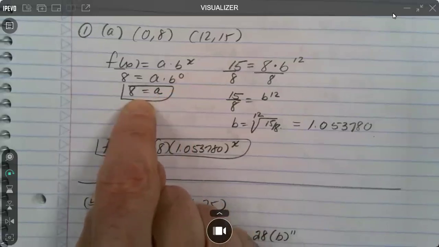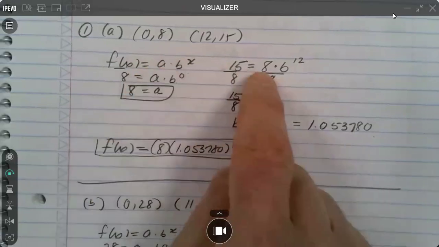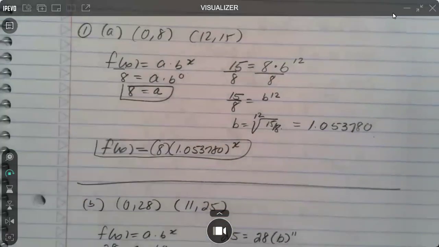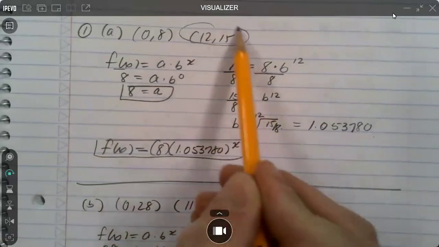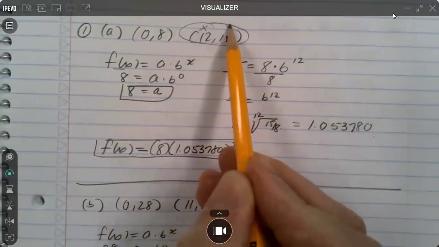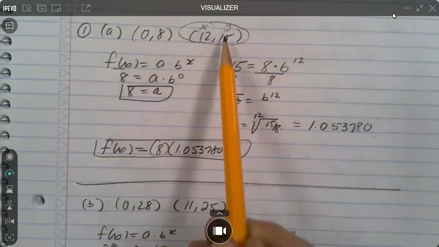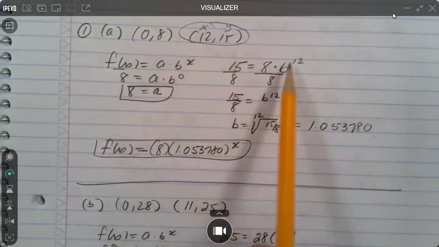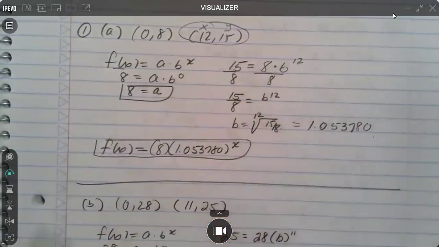So now you can replace a with 8. So now, when you use this ordered pair, remember this is x, this is y, you're replacing f of x with 15, a with 8, x with 12.